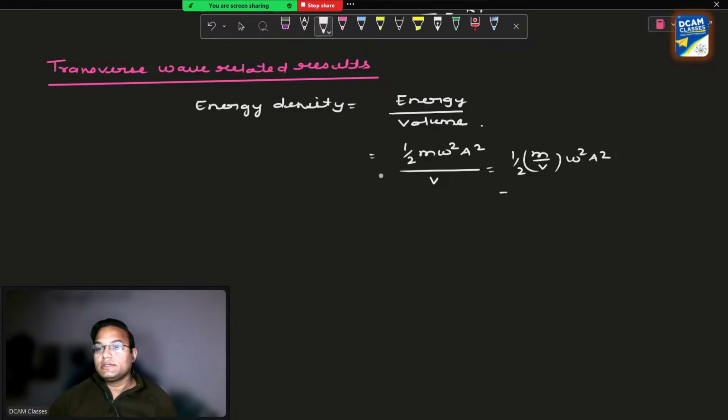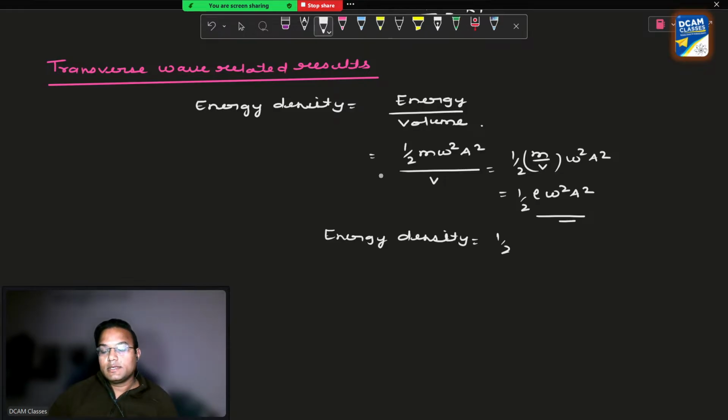Mass by volume is density, so half rho omega square A square. That's the formula. This formula you should remember. So energy density is half rho omega square A square.